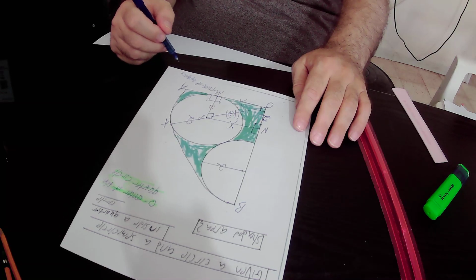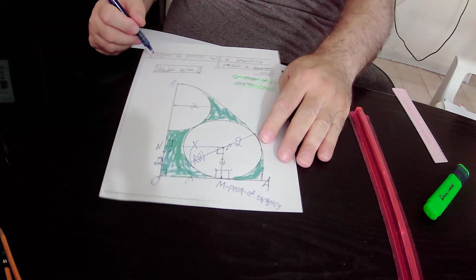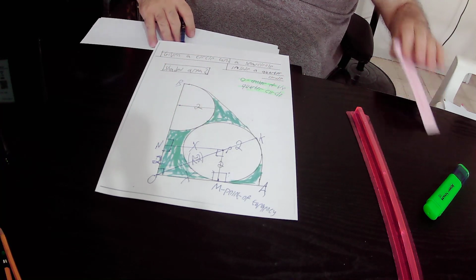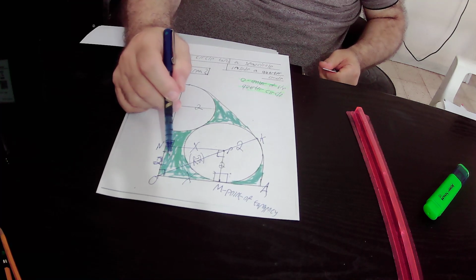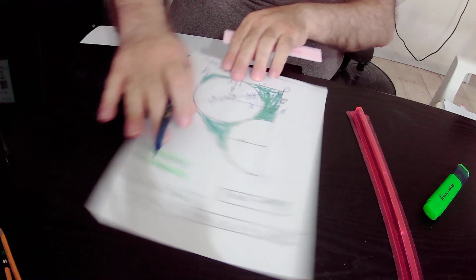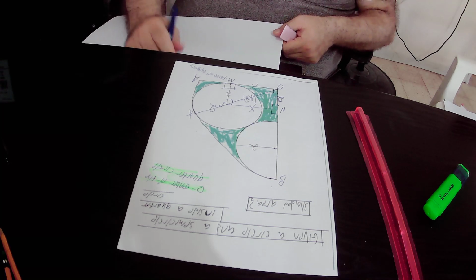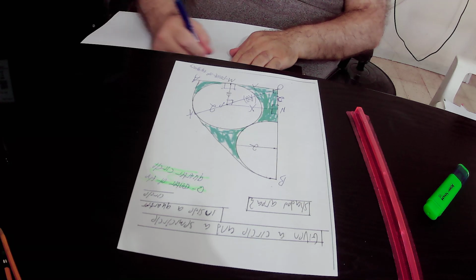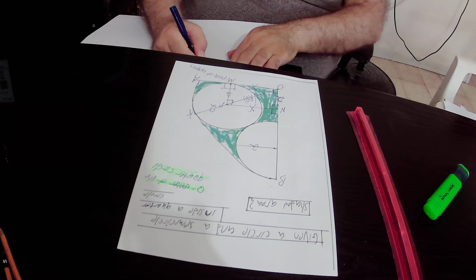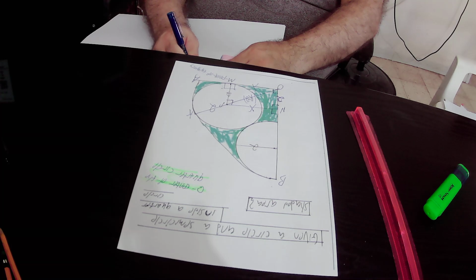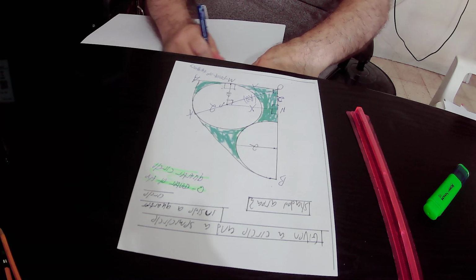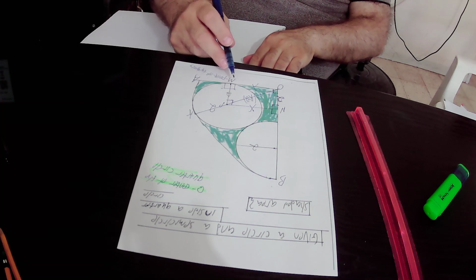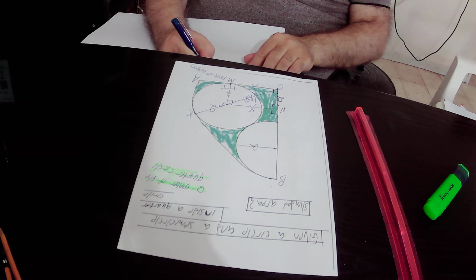Now we will apply the Pythagoras theorem on the right triangle, triangle OPM. So I'll copy the right triangle onto a new page and apply the theorem on it. The hypotenuse OP equals capital R minus 2.